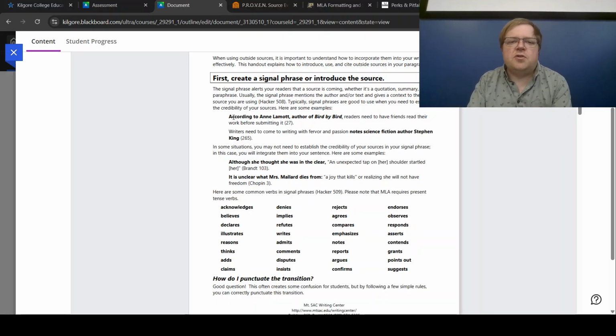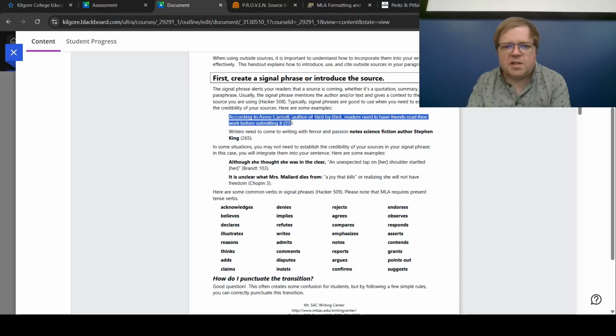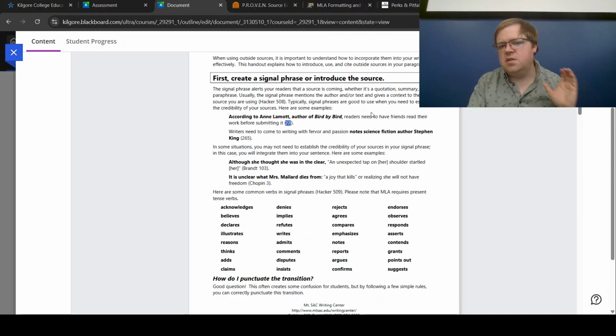So like this one here, according to Anne Lamott, author of Bird by Bird, readers need to have friends read their work before submitting it. And so they have a page number here to show where this came from in the book. But they have mentioned an author up here, so they don't need to include that. Typically, you would have an author and page number in this citation, but if you've already mentioned the author, you don't have to have it.